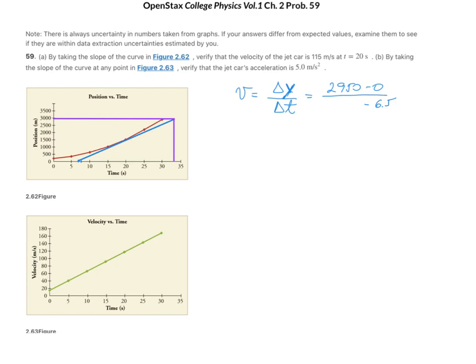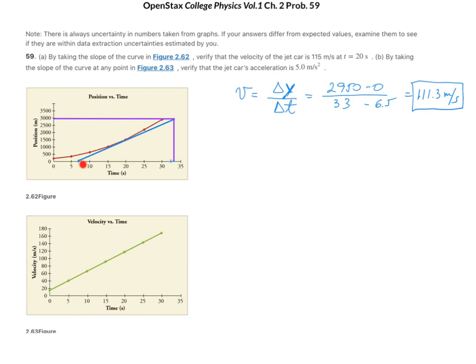And here we're about 32.5, maybe that is 33. So I have 33 minus 6.5. Let's plug that into my calculator. And I'm getting 111.3 meters per second.